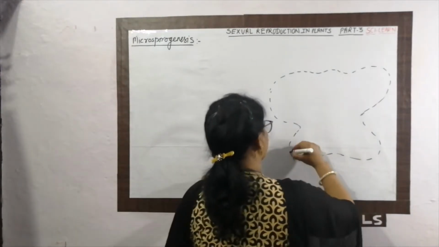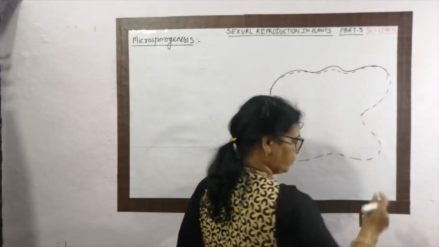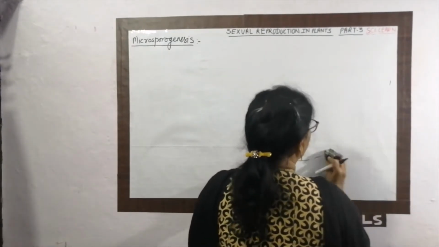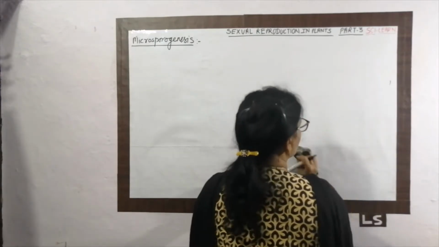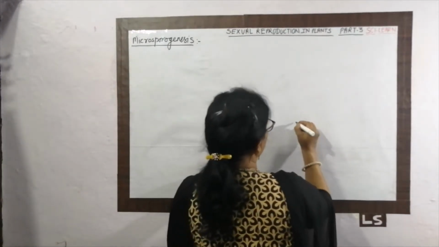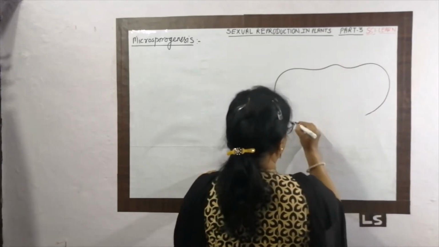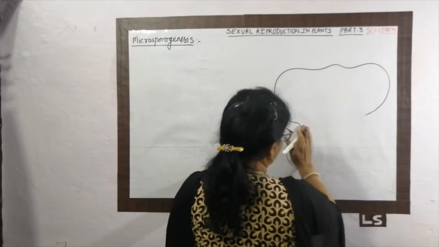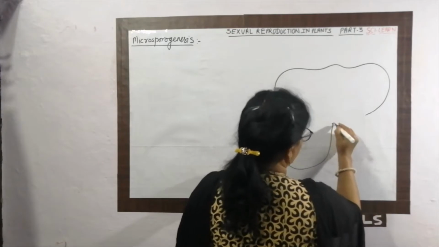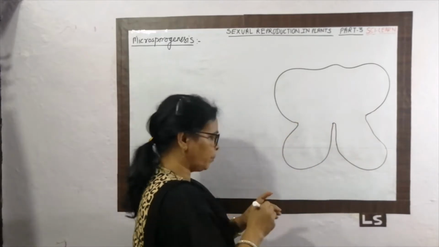The first layer, we know that the outermost layer, is called the epidermis.